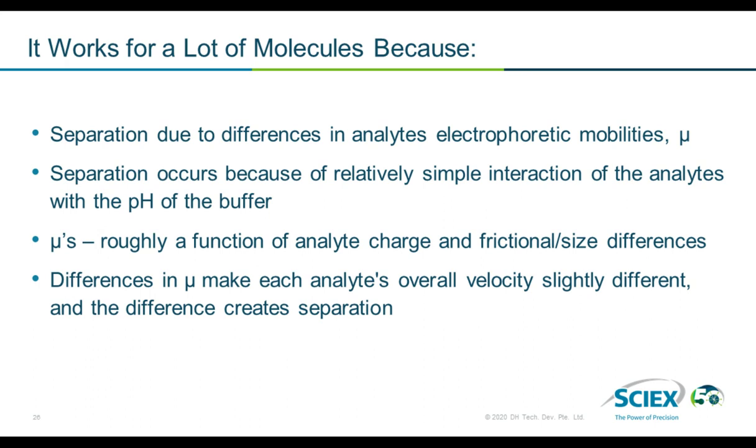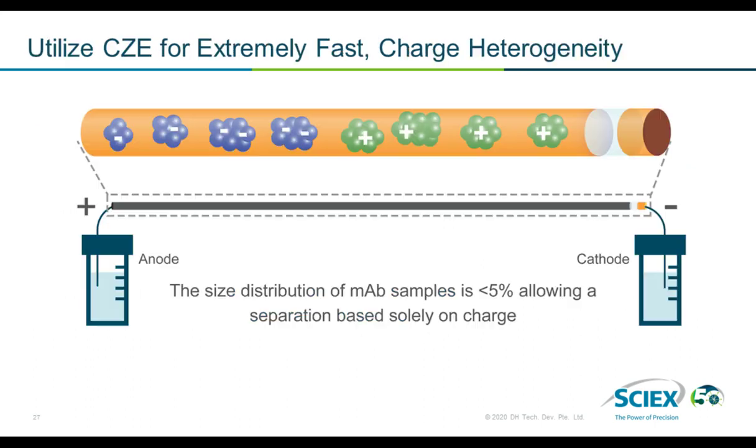Well, CZE is the simplest type of capillary electrophoresis separation, and it separates analytes based on differences in their mobility, which are roughly a function of the analyte's charge to hydrodynamic radius ratio. And it's a very simple technique because all that's needed for the method is a well-chosen buffer. While it is that simple, it can also be very powerful.